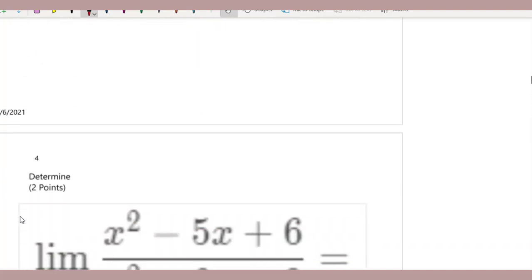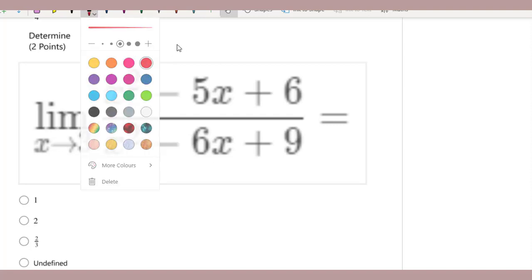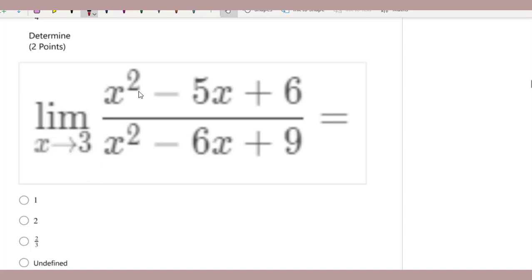And then number 4. Determine the limit of this function as x approaches 3. So first thing, substitute: 3 squared is 9 minus 15 plus 6 over 9 minus 18 plus 9, so 0 over 0.